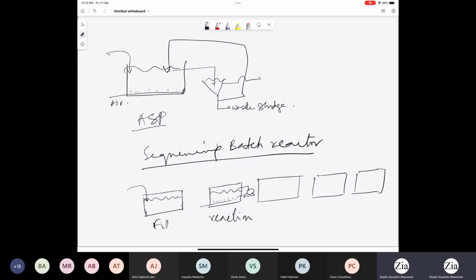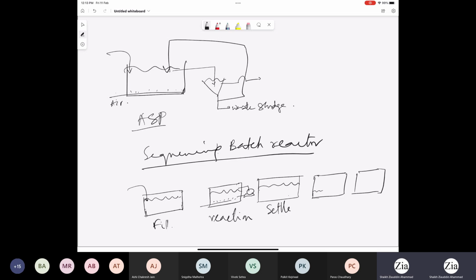settling of biomass. In this third stage, you just allow the system to settle down. Whatever bacteria grew in the reaction stage will try to settle down in the third stage, and the fourth stage comes after that.